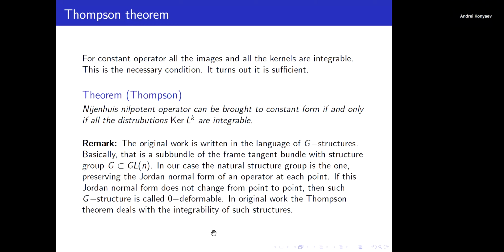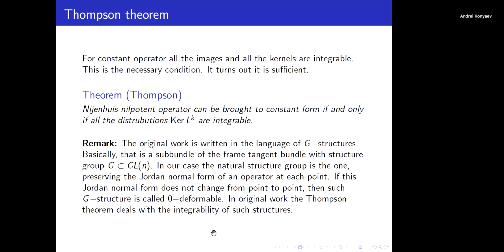But we are now ready, right, to get to Thompson's theorem, because if we recall, the question we have been asking ourselves is about constant normal forms. Then we see that if the operator is in constant normal form, all the kernels are also integrable, because the operator is in constant form.